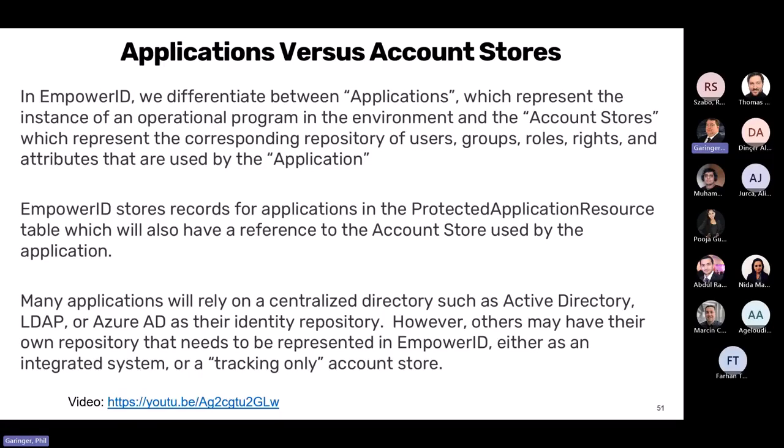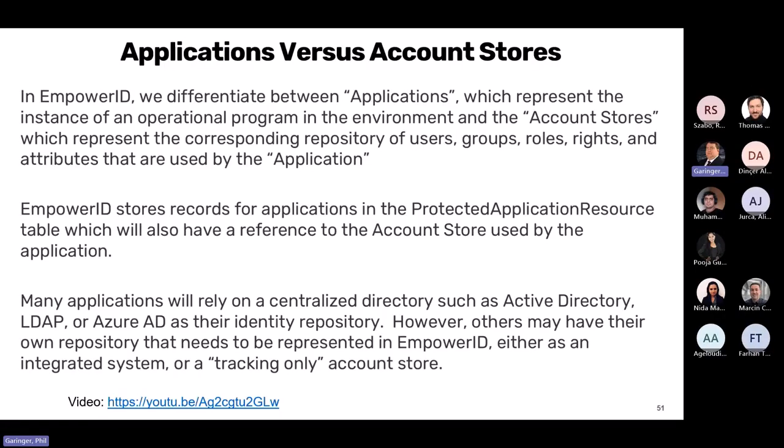If you created an account store connection to, say, an external system, and you need to manage that system as an application as well, so that you can further define the objects, the items and the behavior of that system from the standpoint of an application that has behaviors and capabilities, you would create your account store for that system as an account store and resource system in EmpowerID. Then you would define your application, and you would say that this application uses this account store.